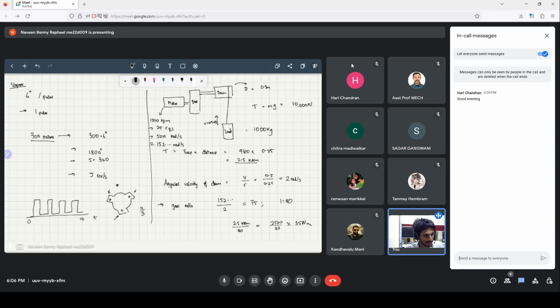Given that we know how the pulses occur and we know the time, we can calculate the velocity. I must confess that you won't get the velocity directly from the Hall effect sensor; you have to do a little calculation to get it.